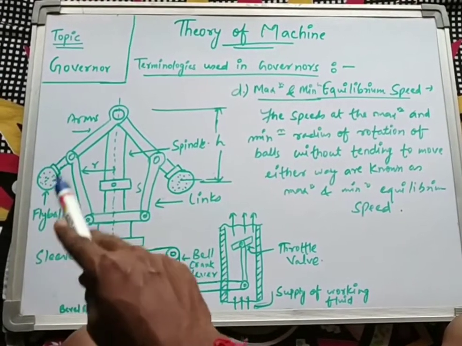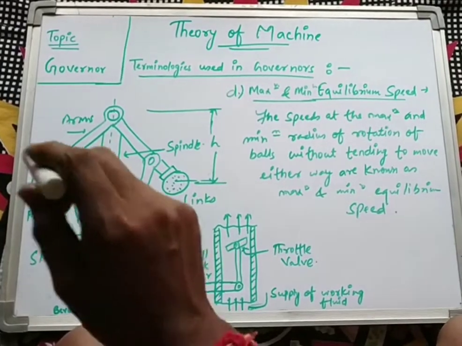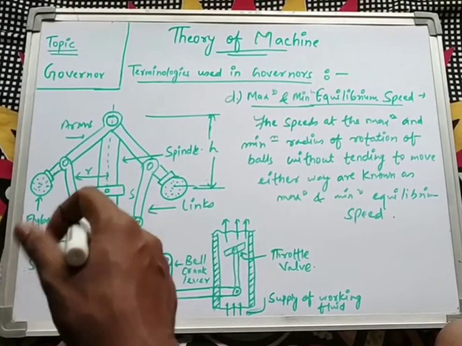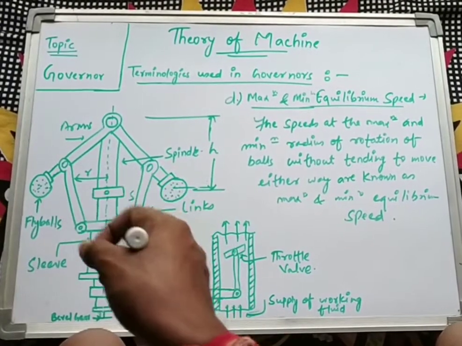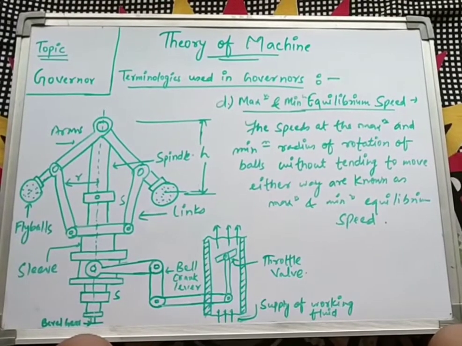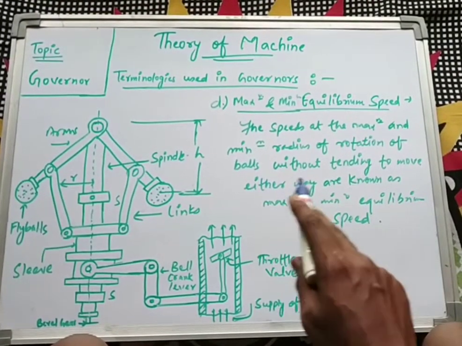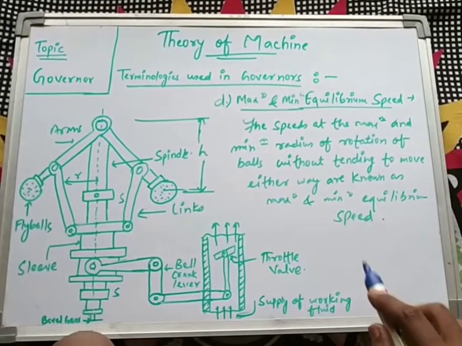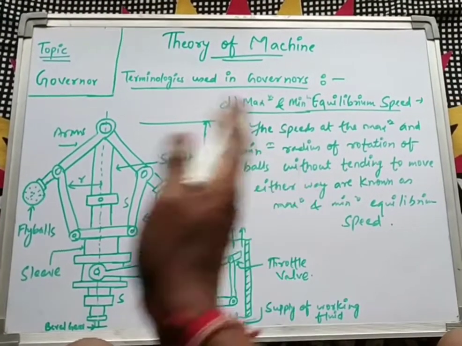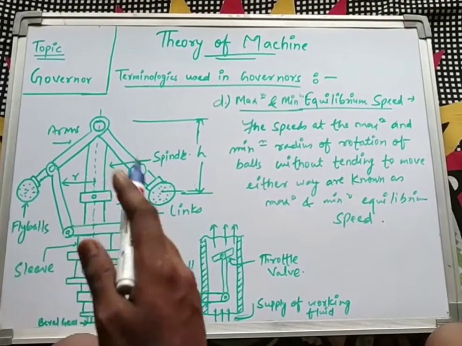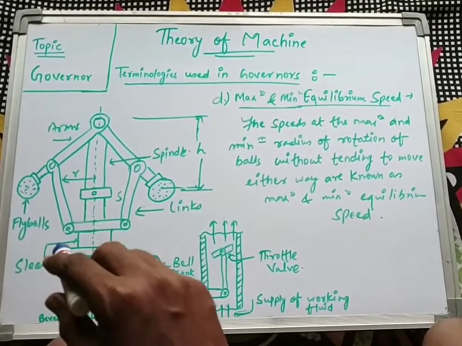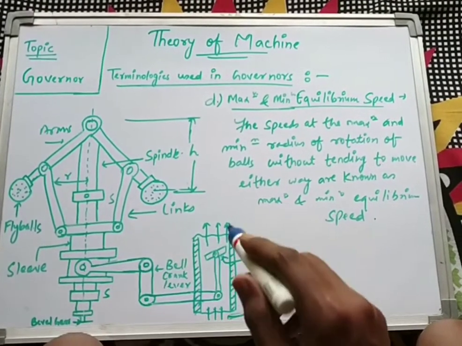At the maximum and minimum radius of rotation, the speed of the governor gives the maximum and minimum equilibrium speed, without the balls tending to move either way, that means either inward or outward.